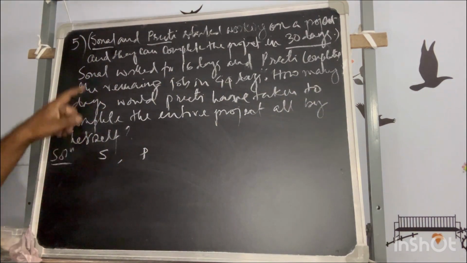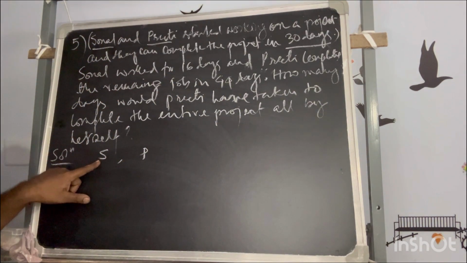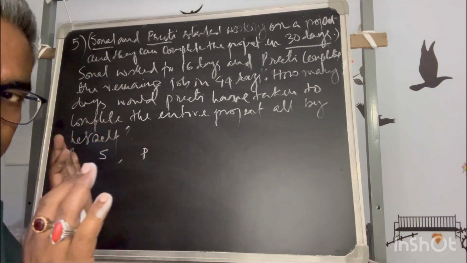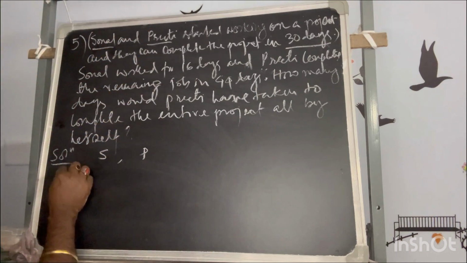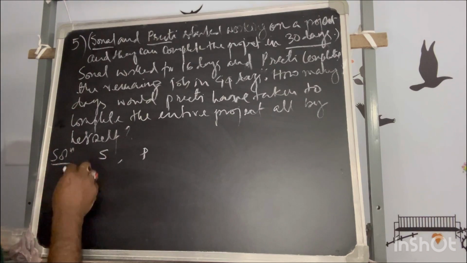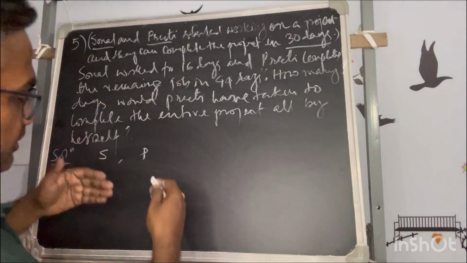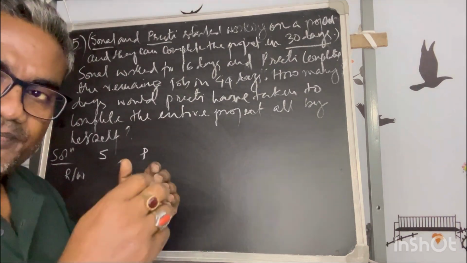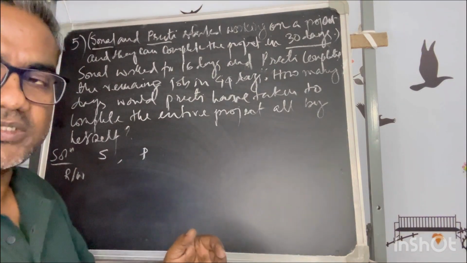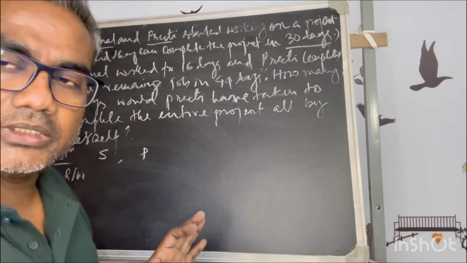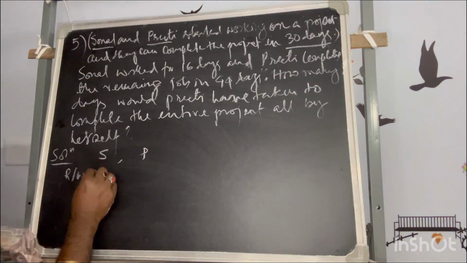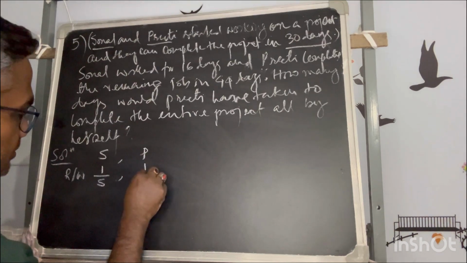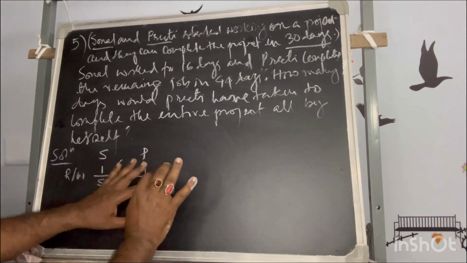Now I can take that Sonal can do the job in S days individually and Preeti can do the job in P days individually. So their rate of work: every time, the first part of the problem I start with the rate of work. Once this is fixed, anything you can correlate to the rate of work. So for the complete job, Sonal's rate is 1 by S and Preeti's is 1 by P. That is my assumption.